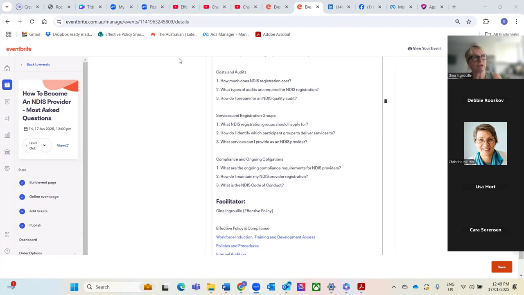We did all of the quality audits internally for all of the disability services in New South Wales, because I've been a quality auditor since 2005. We did all of those ourselves. I think by its very nature, it's a conflict of interest for the business to be running the audits. They need to be independent.